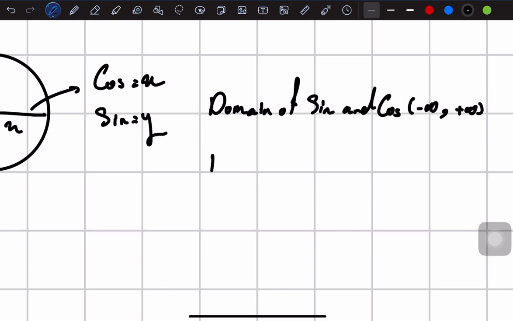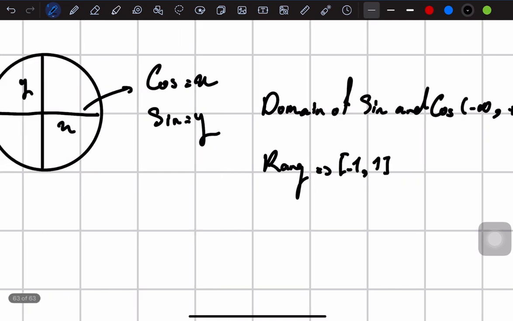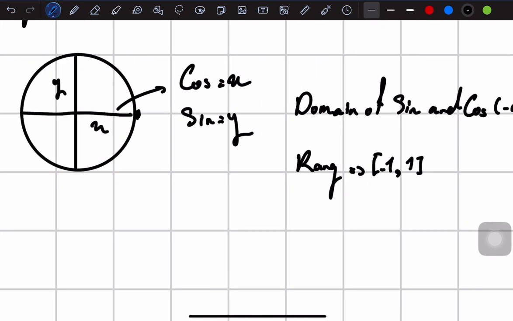And the range, as I said, is from -1 to +1, because we showed you here that this one would be +1, +1, -1, and -1 here.